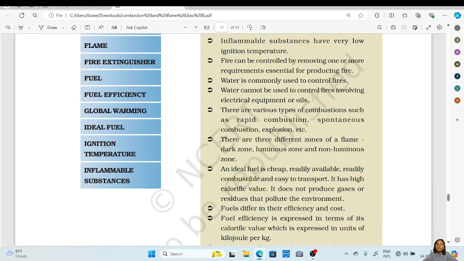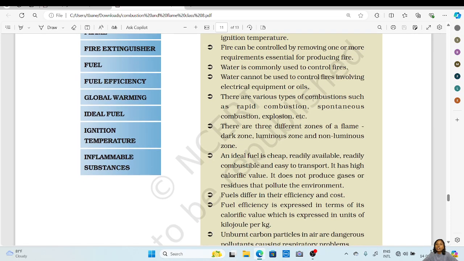Fire can be controlled by removing one or more requirements essential for producing fire. That is, you remove the fuel, or you remove the air supply, or you remove the heat that is being produced. Water is commonly used to control fires, but water cannot be used to control fires involving electrical equipment or oils. In that case, it will make the situation even worse.